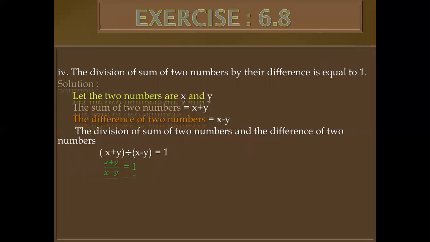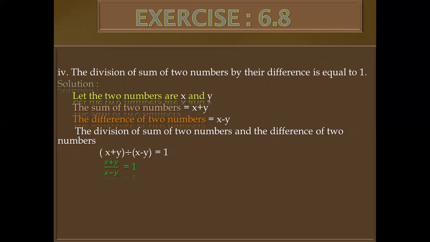Their difference means minus, is equal to 1. It means that when we take two numbers, we add them and also subtract them, and then we divide these two and the answer will become 1.